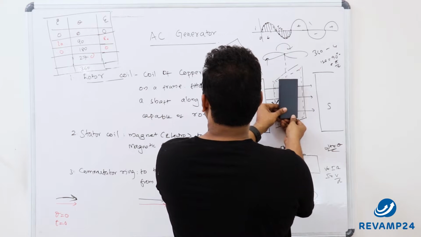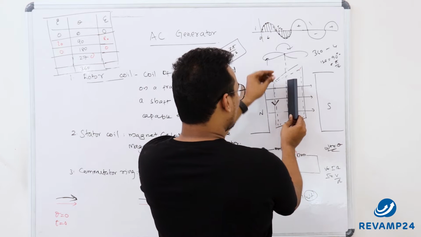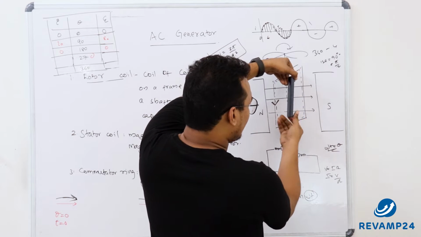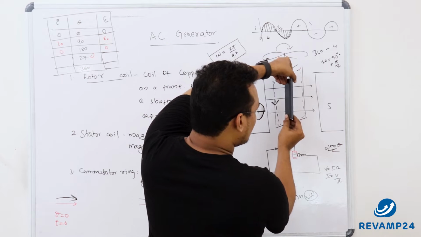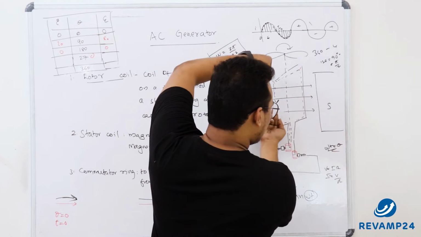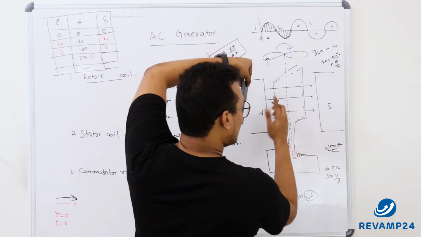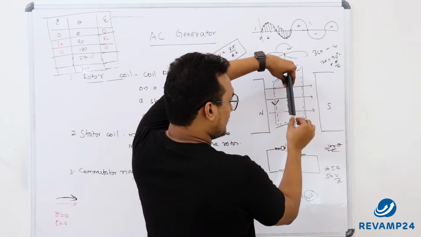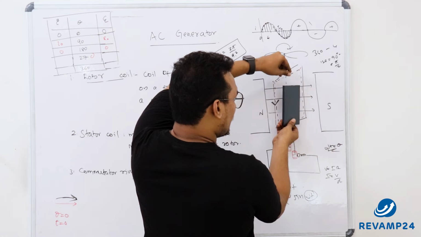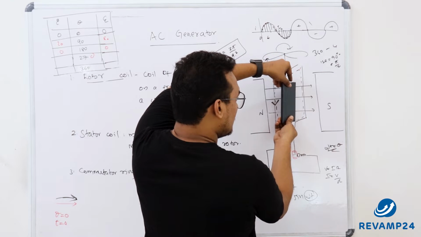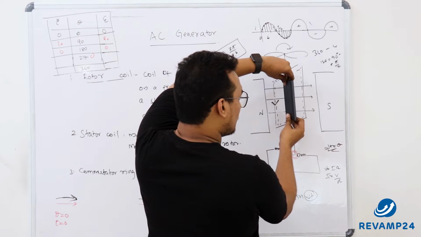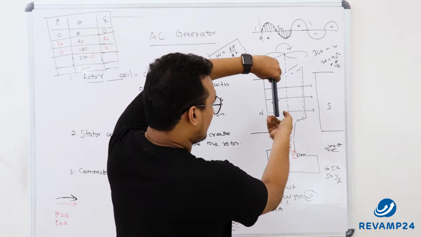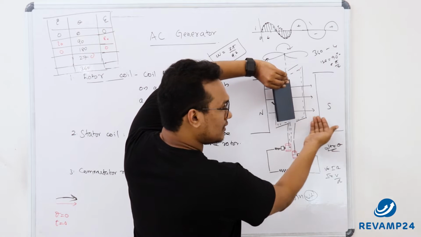Now it becomes 90, now this becomes 180. See, once again I'll repeat, this is our initial side. Now this side has gone here while it became 90. Now it has gone here while it became 180. Now this side is coming towards me.